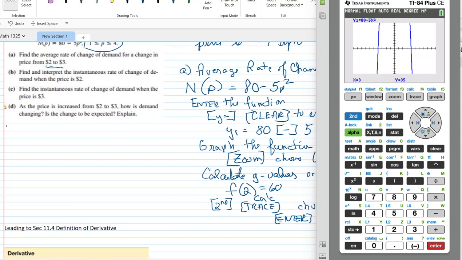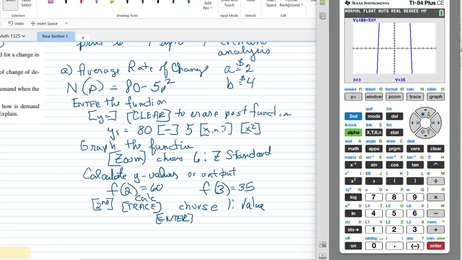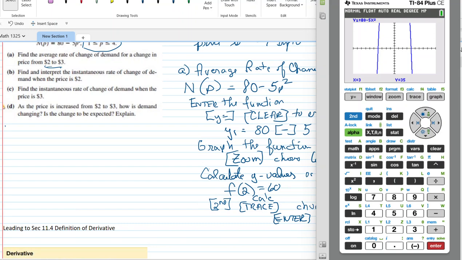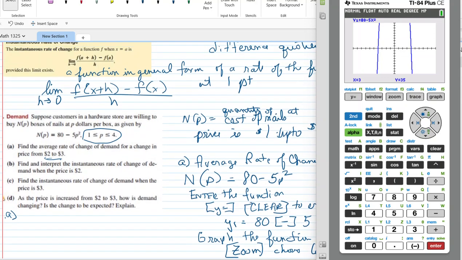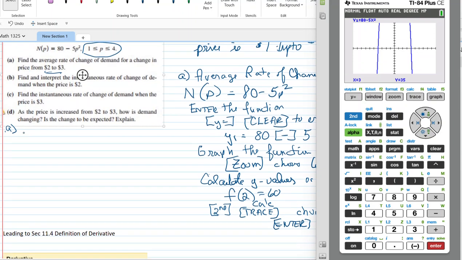And now I'm going to take the average. Notice that at $2, we have 60 boxes that they'll purchase. At $3, the demand is 35. But we want the average rate of change in the cost to see if it's marketable. So now we're doing the math. We're still on A. Now we got all of that information, and we want our average.